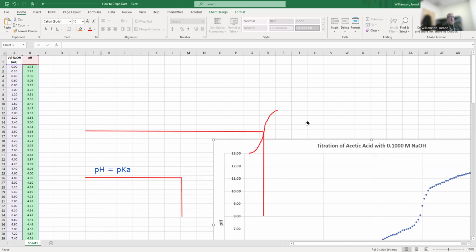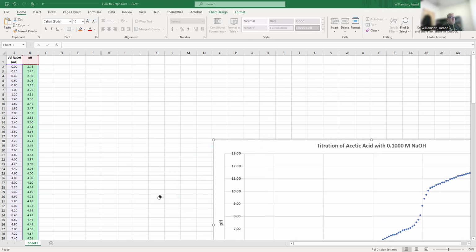Then I want to get rid of these annotation marks that are in Zoom. Let's stop annotating. I want to calculate what's called a first derivative plot.